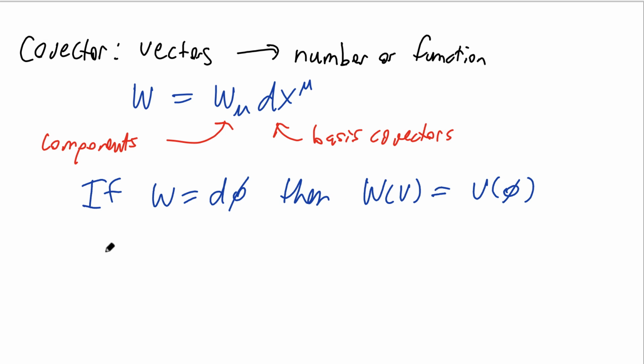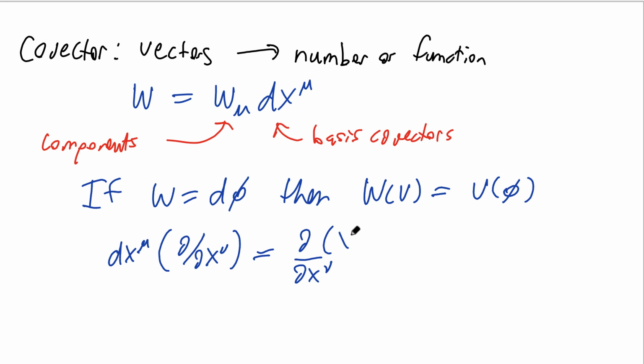So we can use this to determine how the basis covectors, say dx mu, act on a basis vector, d by dx nu. According to this rule, this is the differential of a function x mu. This is just equal to partial with respect to x nu of the function x mu. And that's just Kronecker delta mu nu.